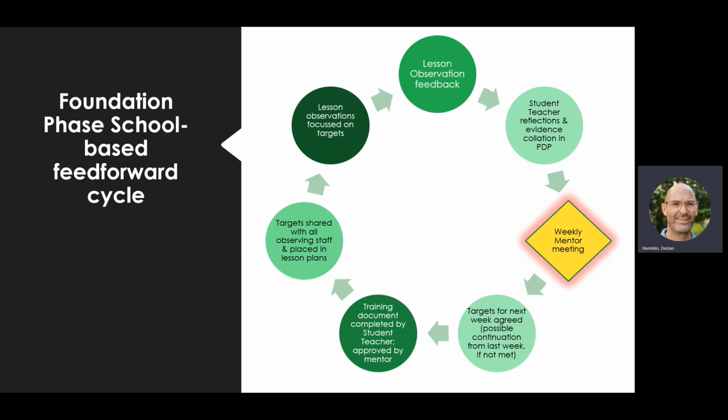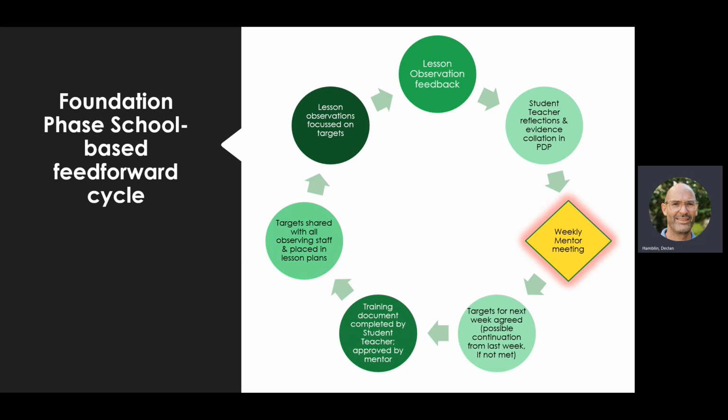So what they'll need to do then is follow that cycle and have their targets for the week agreed. First off, they'll bring along to you an initial needs analysis where they have some idea of what their target should be and what they need to work on. But that will depend upon what you've asked them to teach in their timetable. So they should have some targets to begin with.